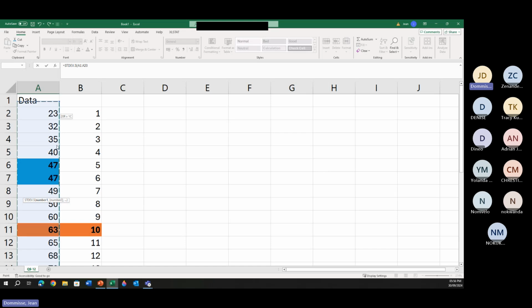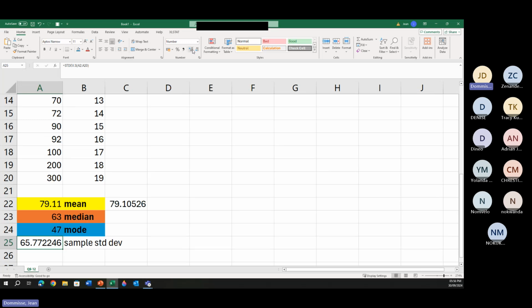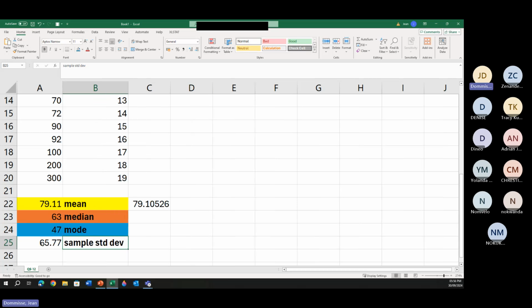And again, we just look at the total data set. And if we need to round it off to two decimals, there we have the 65.77.